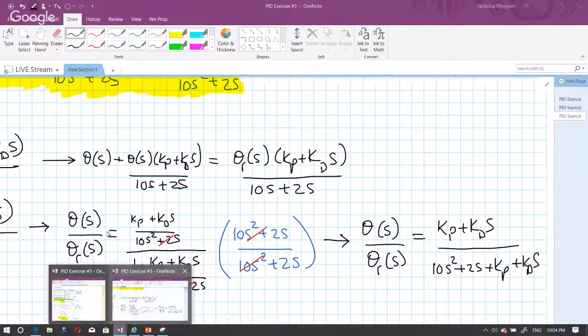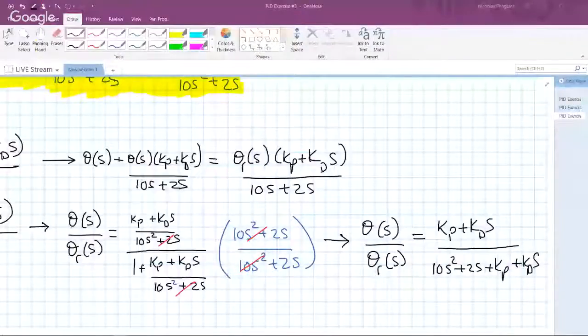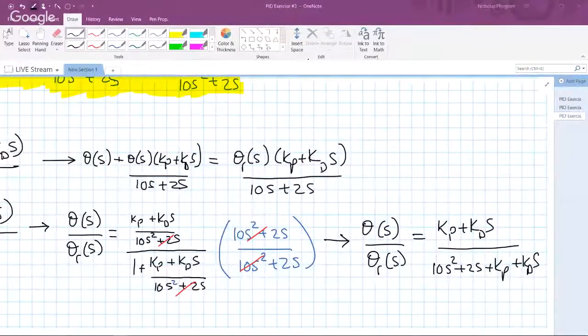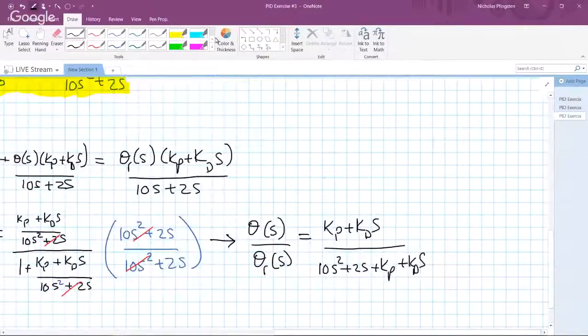Rather be safe than sorry, right? Yeah, that's right. So this is that transfer function for the steady-state control error.